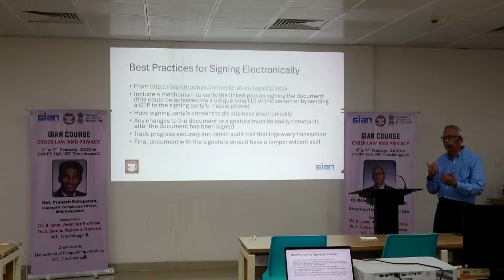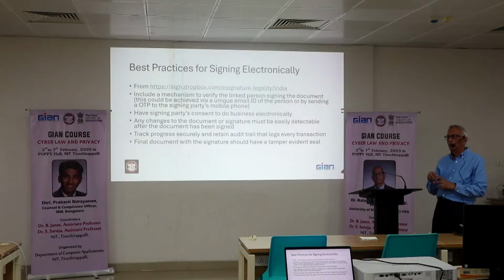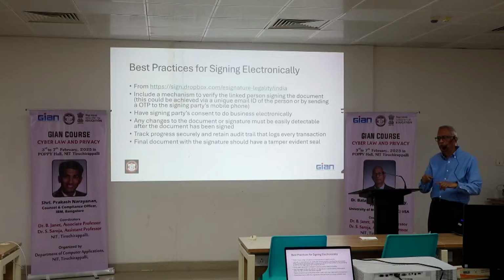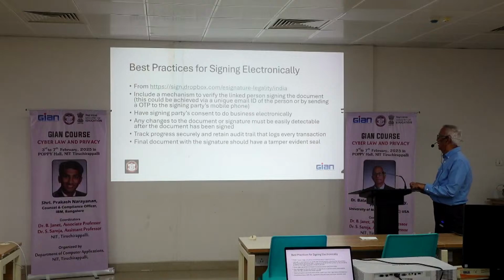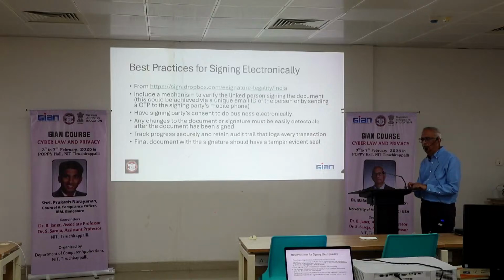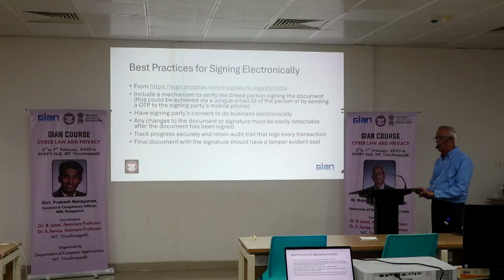In fact, in the negotiation stage, there will be a lot of changes back and forth, and all the parties have to sign the changes each time, and they track progress all the time. Generally the final document with the signature should have a tamper-evident seal showing it has not been changed. This is the final, and somehow you have to prove that.